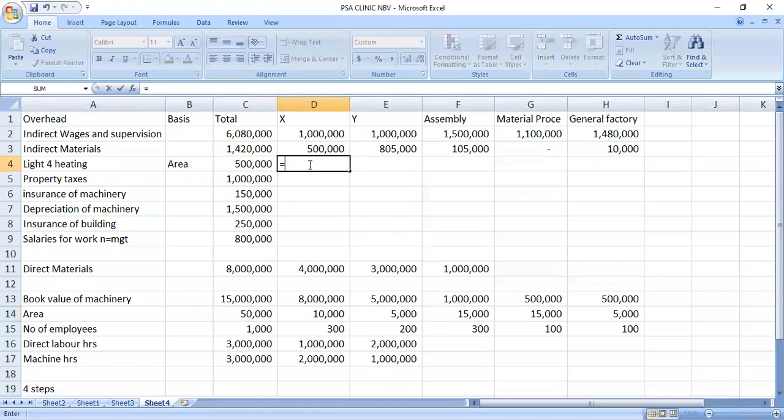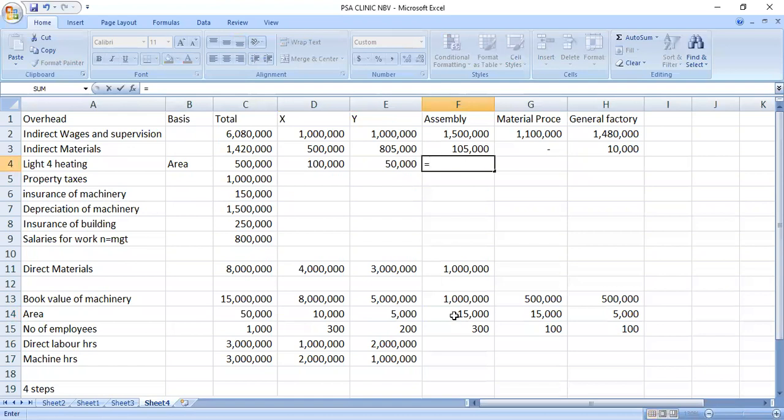So in short, it is this divided by that to get the portion, then the entire portion you attach to the overhead. That is what you will get. Do the same for Y. For Y, the portion is 5,000 divided by the total, which is 50, times the overhead itself. As simple as that.